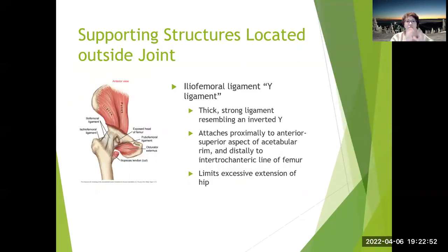So those are the structures inside the hip. Outside the joint, we have lots of big, beefy ligaments. Because it's a big, beefy joint, we need big, beefy ligaments, okay? So the ligaments are commonly named, besides some weird ones like ligamentum teres. Most of them are named by where they go from and to.